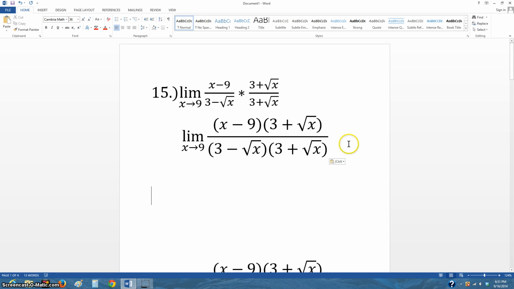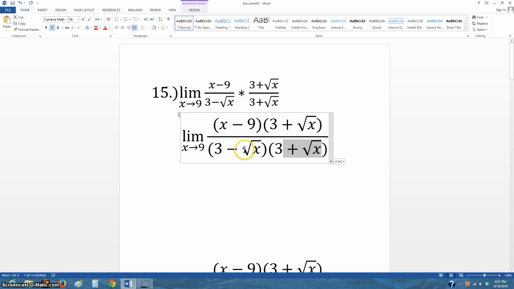Now, only this time, I think that your best bet will probably be to multiply the denominator out, because you notice that it's going to be a perfect square. So let's go ahead and multiply that out. Well, if I multiply it out, on the bottom, all you have to do is just first times first. So what's 3 times 3? 9. And then you have second or last times last.